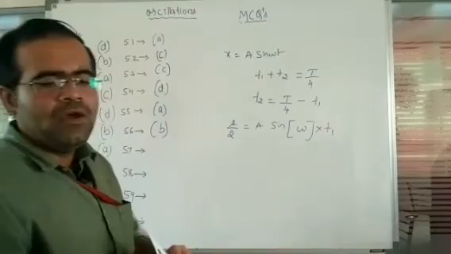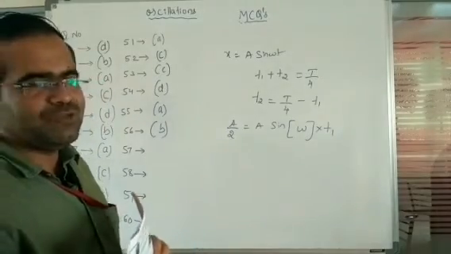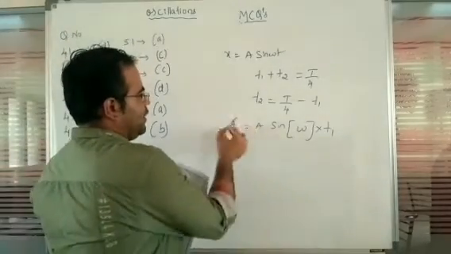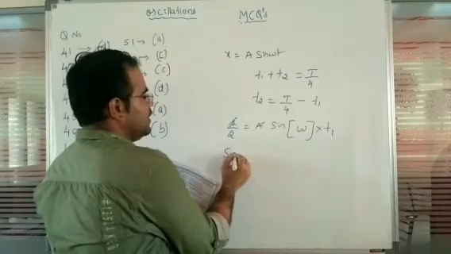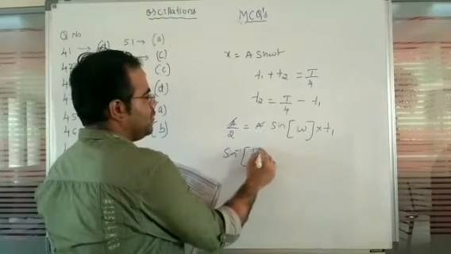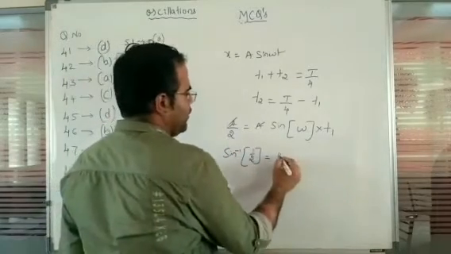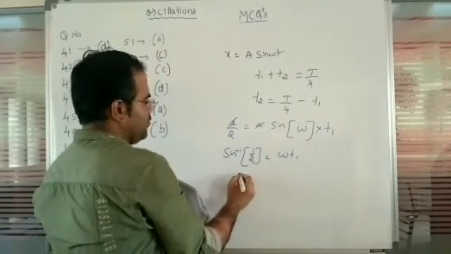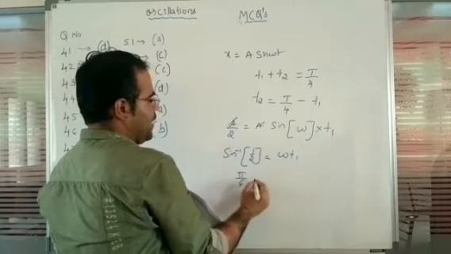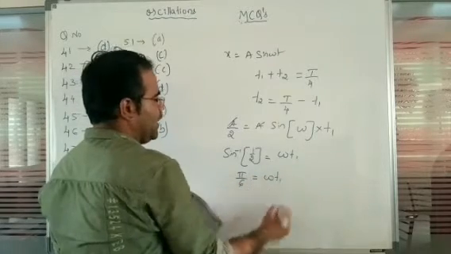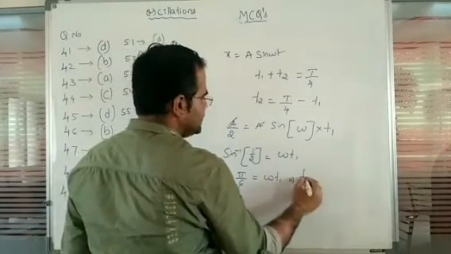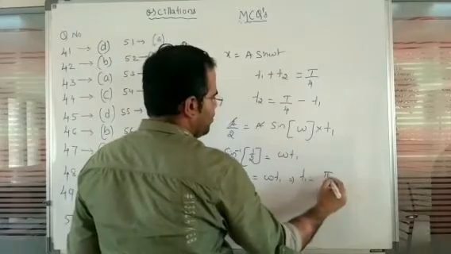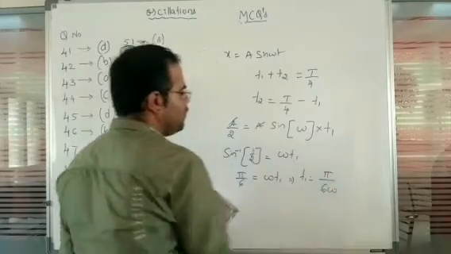So this is equation number 3, the omega format representation. Now again here A and A get cancelled. A sine inverse of 1 divided by 2 is equal to, now we can write omega into T1. So what is the sine inverse of 1 by 2? There we can observe pi by 6 is equal to omega into T1. This implies T1 is equal to pi divided by 6 omega.